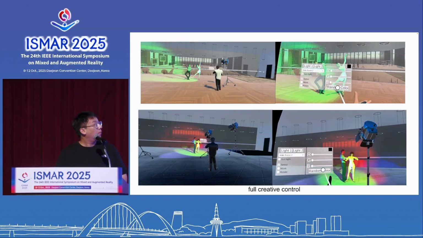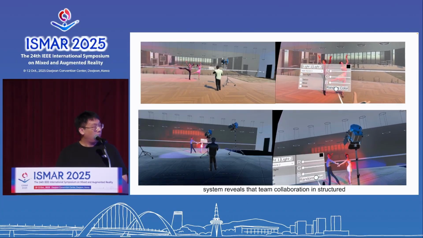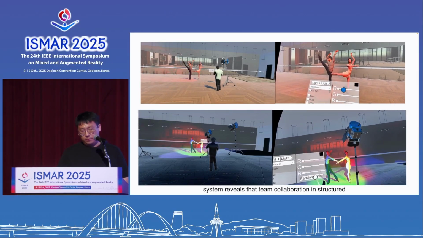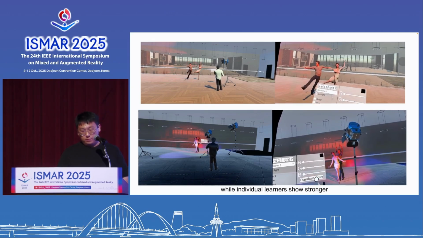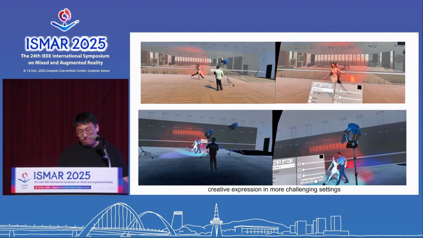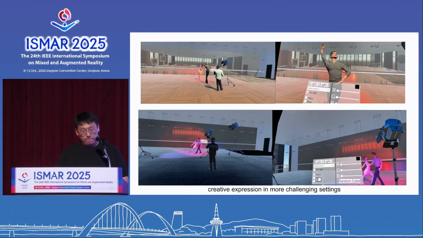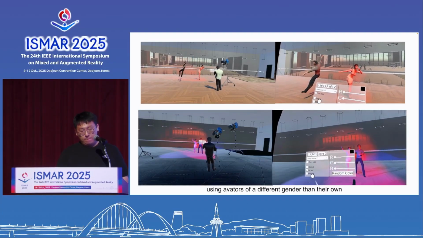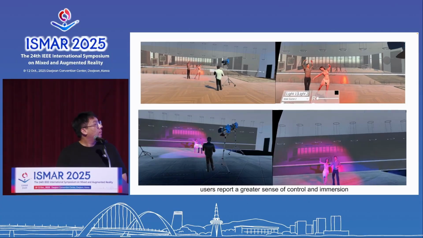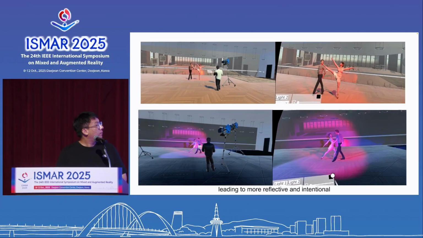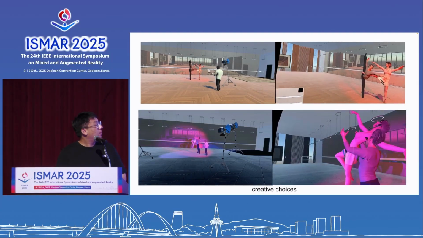Research on this system reveals that team collaboration in structured environments enhances efficiency, while individual learners show stronger creative expression in more challenging settings. Furthermore, when using avatars of a different gender than their own, users report a greater sense of control and immersion, leading to more reflective and intentional creative choices.